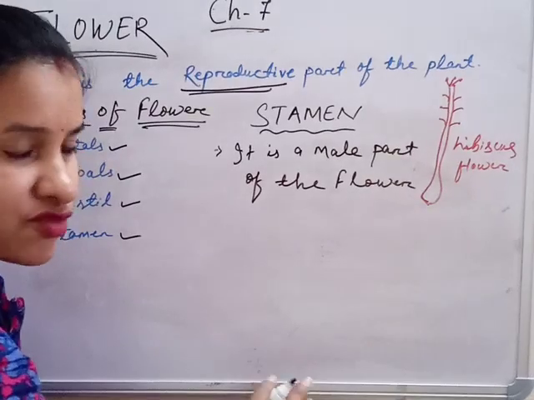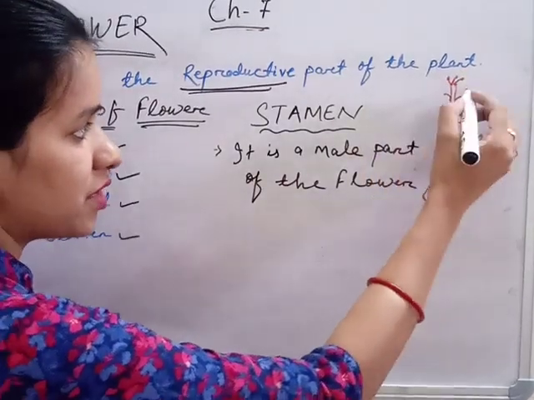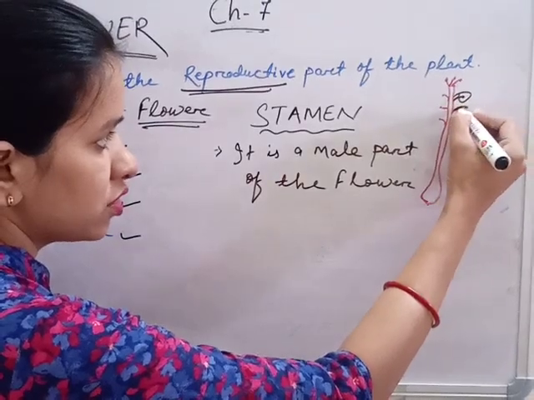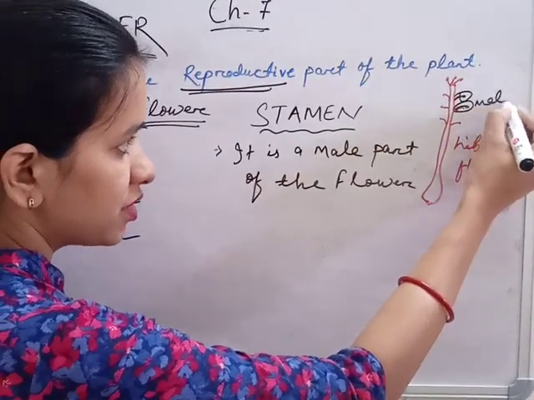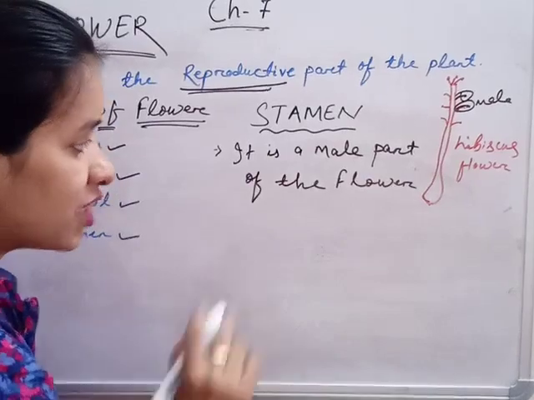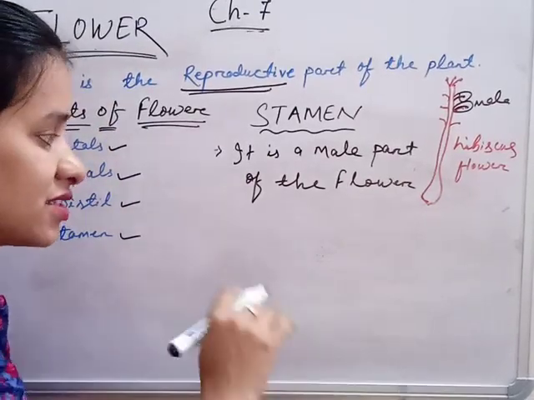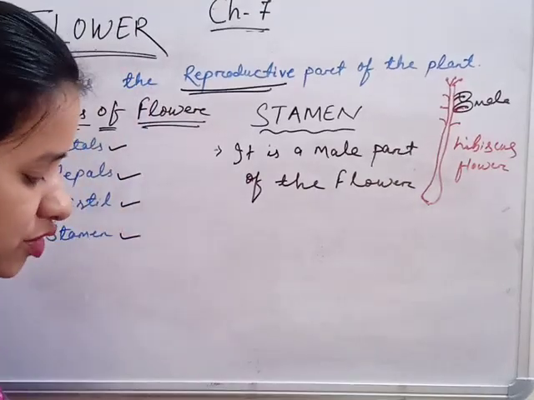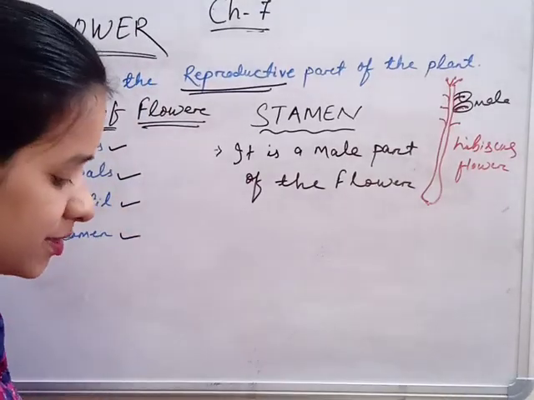In the hibiscus flower, the middle portion is your female part, and this small one which is coming out is your male part. Okay, so that is your stamen. Again, I will draw the diagram of the stamen big over here so that you can see properly.